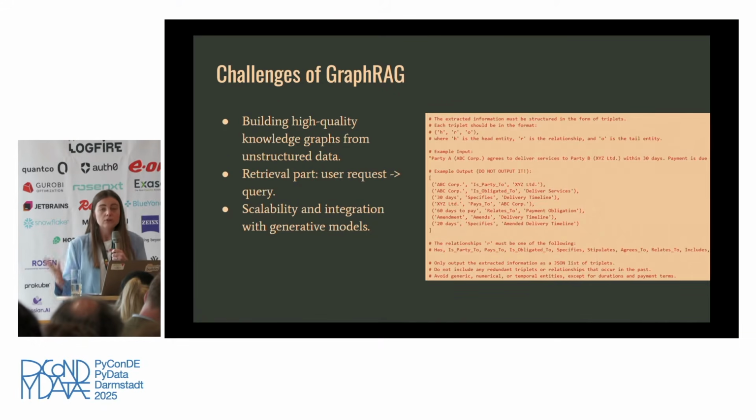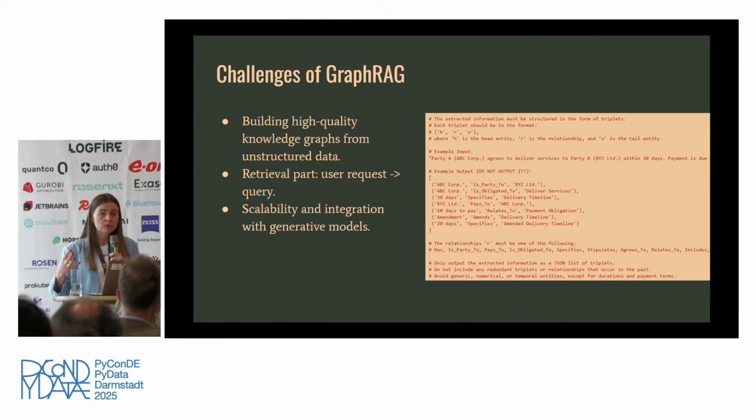But there are a lot of challenges, because how to build the graph is maybe the main challenge of it. It's not just having an LLM and saying go and build me a knowledge graph. You need to have examples. You need to think ahead about what kind of relationships and what kind of entities are the most important for your company, for your domain, and to have these examples, and to also think ahead for the retrieval part.